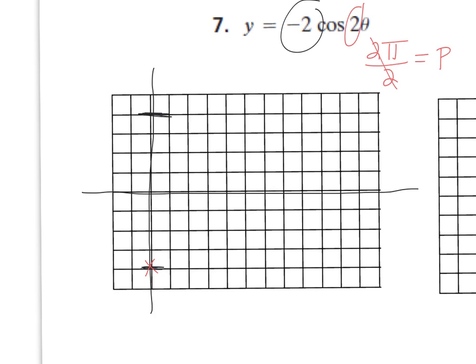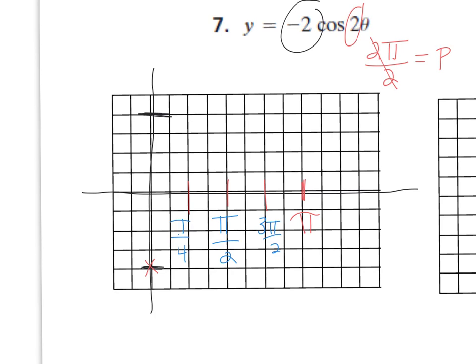Then I mark off pi units. I'll go up by 2s: 1, 2, 3, 4. I'm going to let this be pi, and I'm going to cut pi into fourths. So this is going to be pi over 4, this is going to be pi over 2, and this is going to be 3 pi over 4.